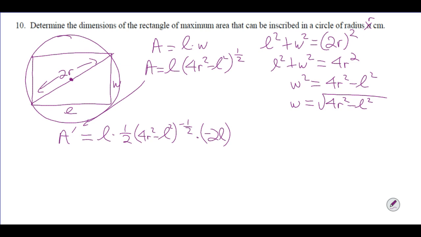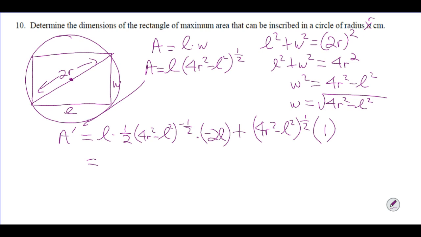The half takes out the 2. But we've got to keep going. Plus 4R squared minus L squared to the half times the derivative of L, which is 1. You don't need to put the 1.